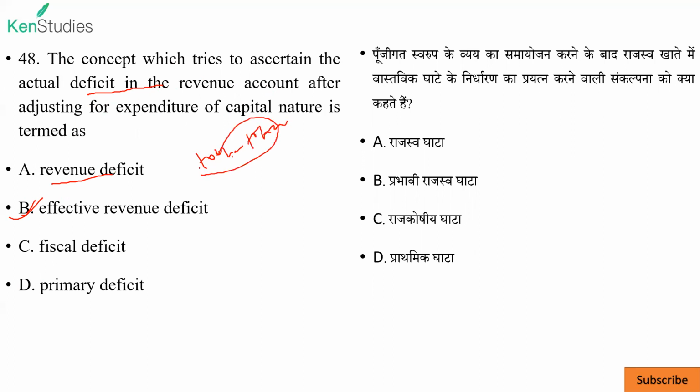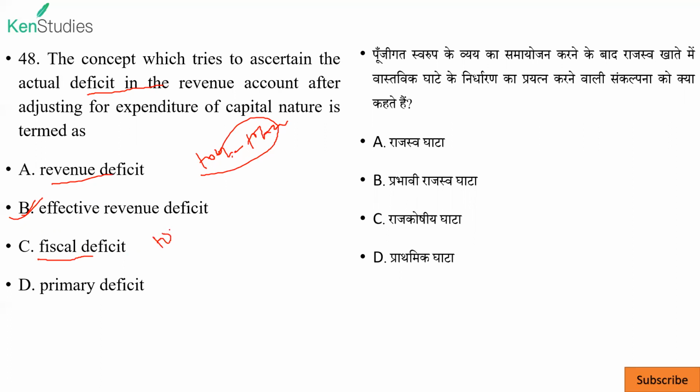So if revenue expenditure is more than revenue income, what is revenue income? Revenue income means those incomes which are recurring in nature without selling assets, which you are not taking as loan or not selling any asset. If that money is received, then it is known as revenue. Okay, so revenue income.